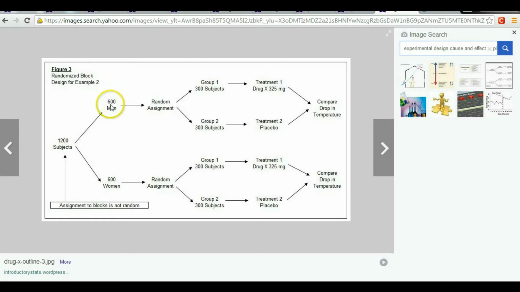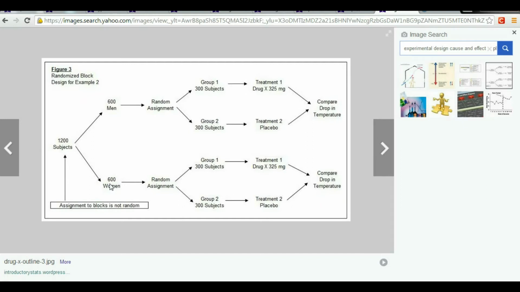See how we went from 1,200 subjects to 600 men and 600 women? That is not randomly done. That is done on purpose. It could be done by age: this group could be people over 50, and this could be people 50 and under. Whatever that variable is that we feel is a contributing factor in our results, we put those people in homogeneous groups first.